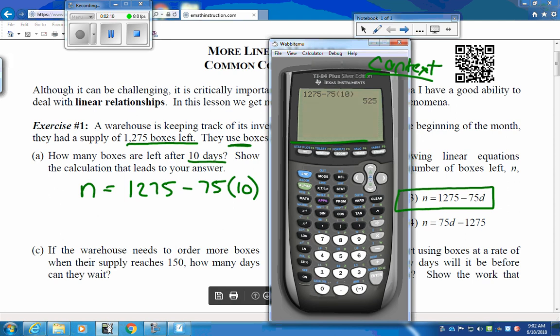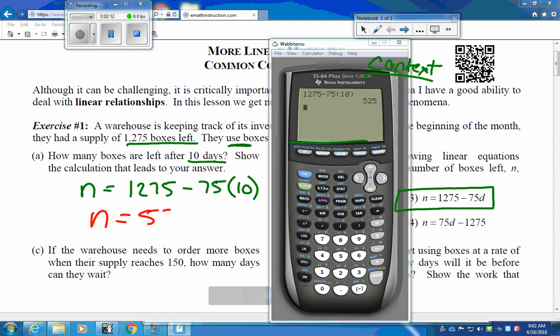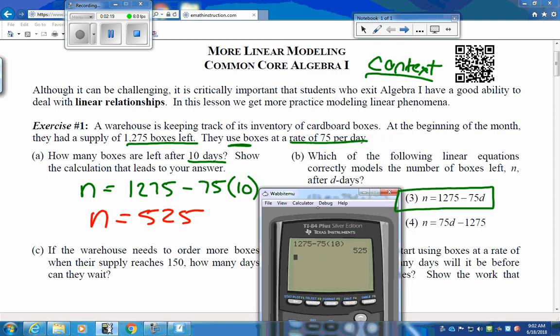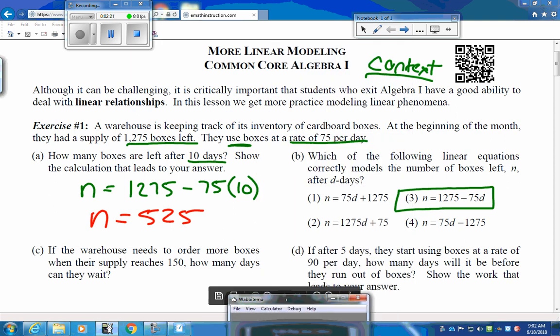So the number of boxes I would have would be 525. That's part of the idea of linear modeling, coming up with an equation.